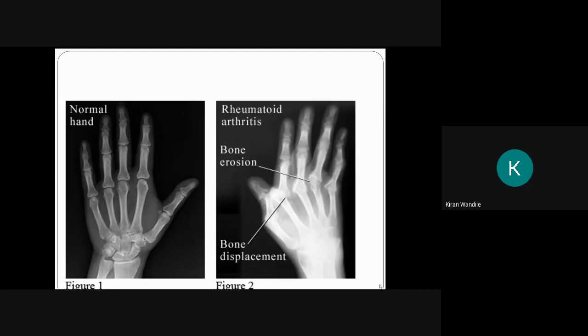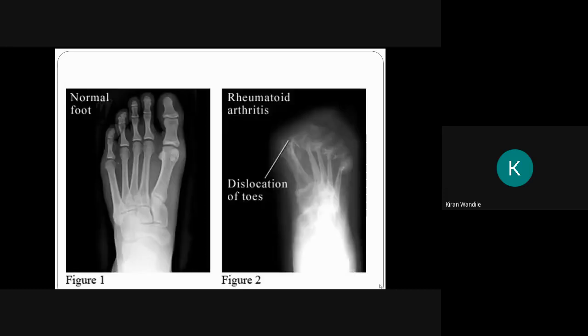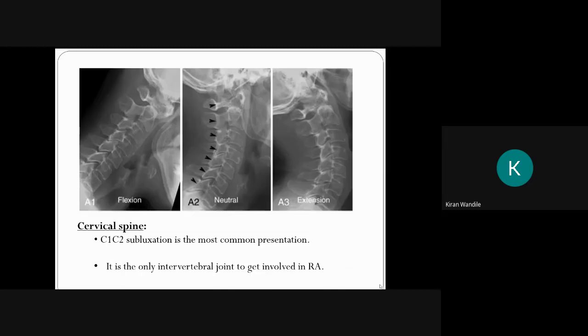This is a picture of the X-ray of the normal hand, and this is an X-ray of the rheumatoid hand where you can see the bony erosions and bony displacement. So subluxation has occurred in the late stage of the arthritis. Thumb deformity, toe deformities, and C1, C2 subluxation.